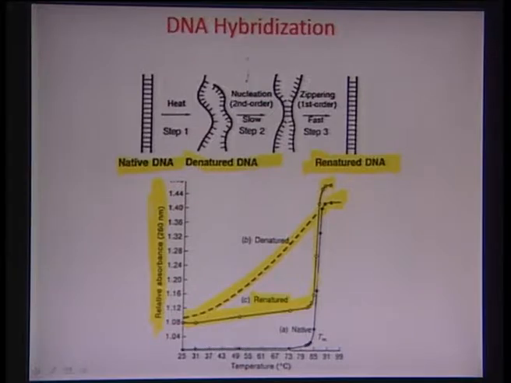For native DNA, the absorption criteria would change around 90 degrees or so, but quite towards the end of the spectrum, almost around 80 degrees, there would be a sudden rise in the absorption. So you can have differential characteristics of optical absorbance between these three states: denatured, renatured and native state of hybridized DNA.